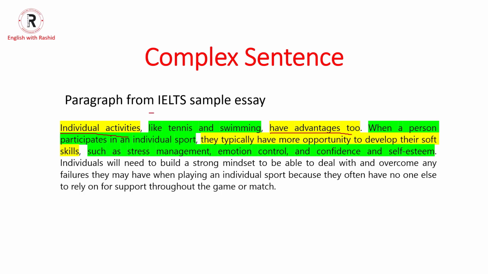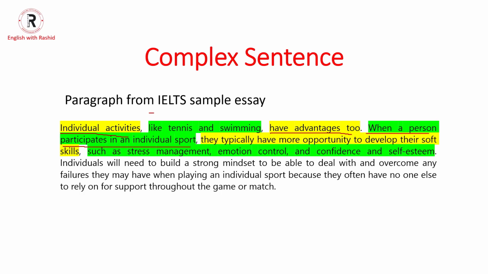Look at the next sentence. When a person participates in an individual sport, they typically have more opportunity to develop their soft skills, such as stress management, emotion control, and confidence and self-esteem. In the second sentence, when a person participates in an individual sport, this is a dependent clause.